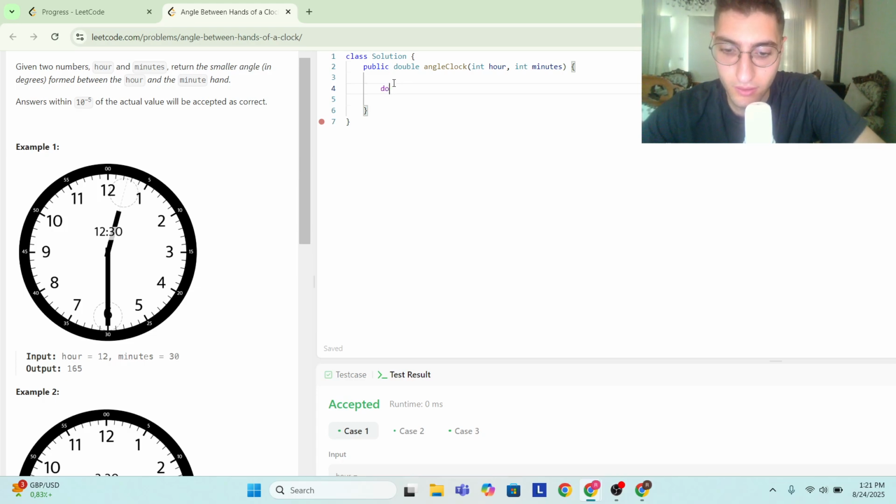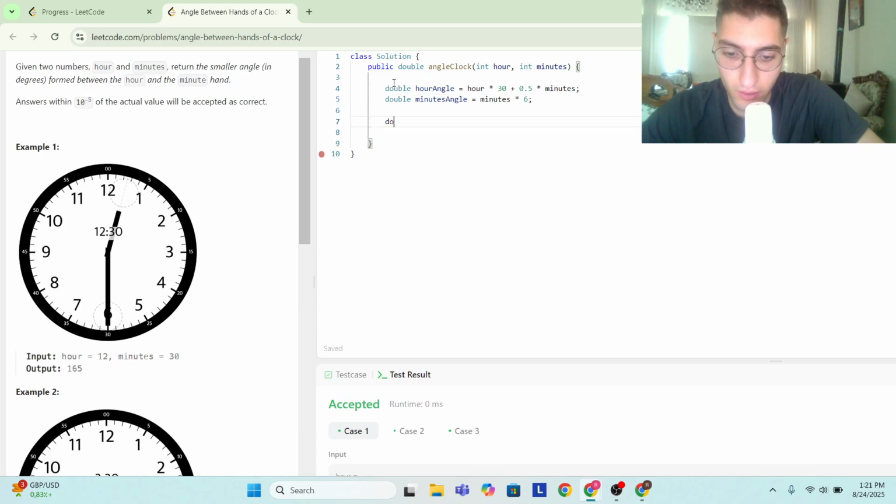Double hour angle, like we said, is equal to the hour which they gave us times 30, since every hour the hour hand will move by 30 degrees, and we need to account for the minute hand, because the hour hand will move with the minute hand, so plus 0.5 times minutes which they gave us. Double minutes angle is equal to minutes times 6.